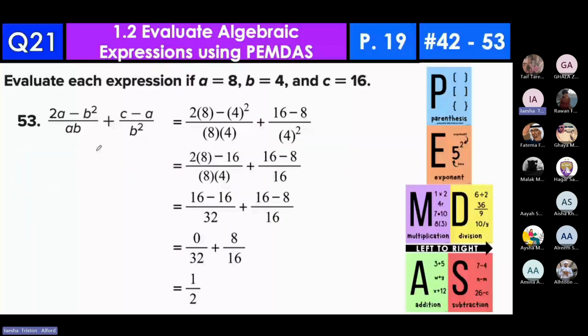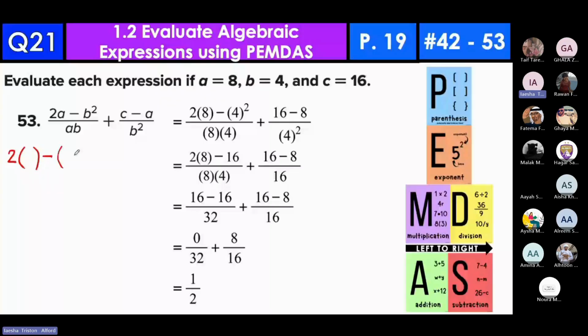Number 53, you have 2, parentheses, subtract, parentheses, put the 2, fraction bar. In the denominator, parentheses and parentheses, 1 for A, 1 for B. The plus, keep it. The C, put parentheses, subtract. The A, put parentheses, put the fraction bar.